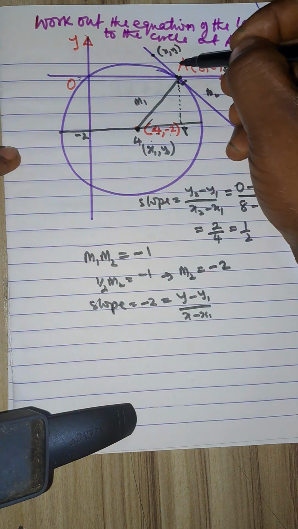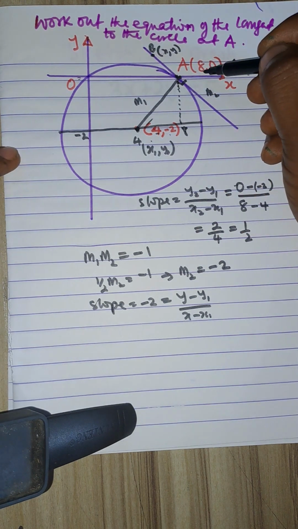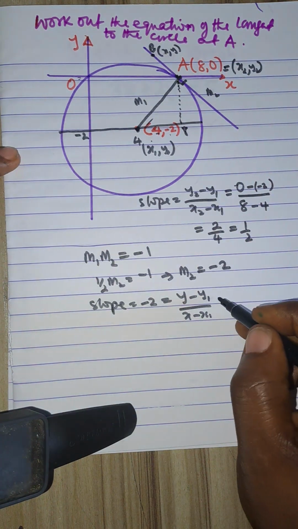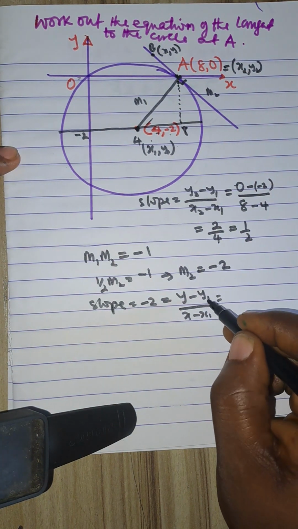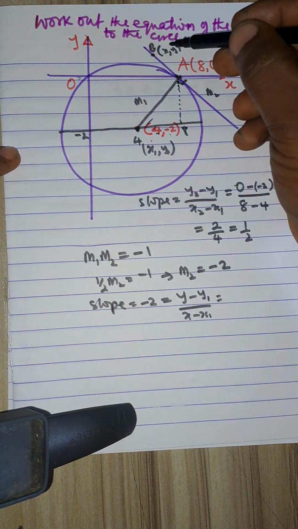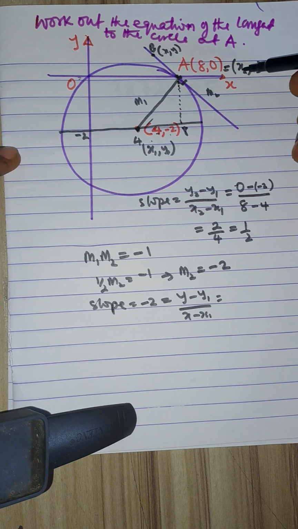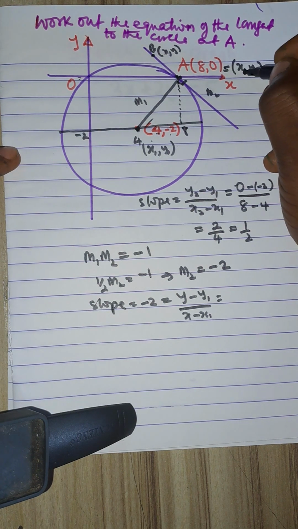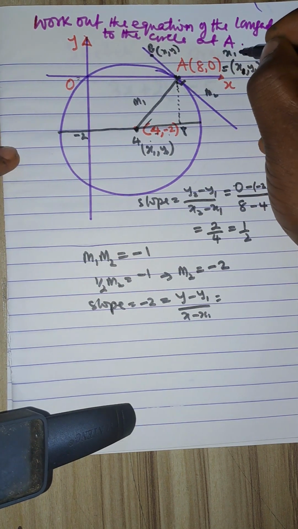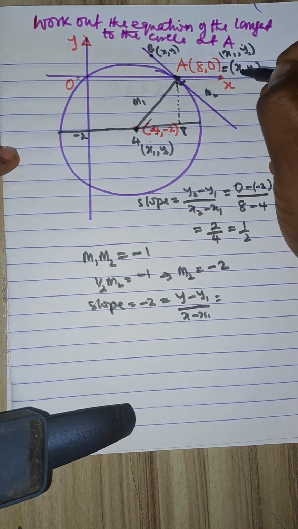With respect to the new coordinates here, let's call it B, this becomes y, x and y, and the lower one becomes x1, y1 with respect to this new point that we chose.